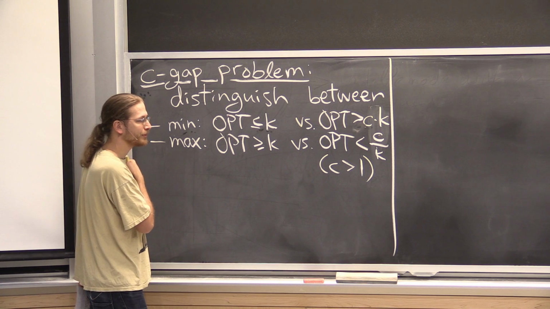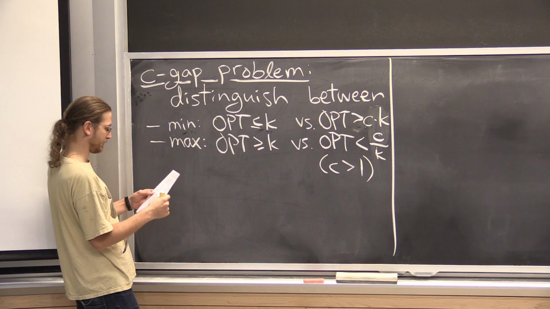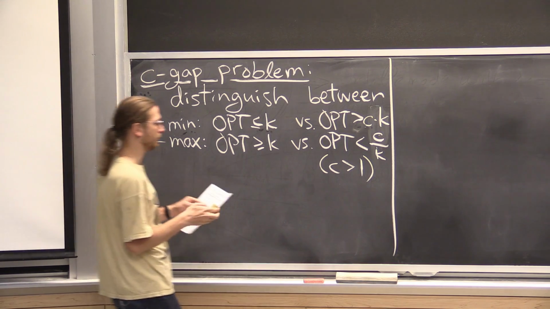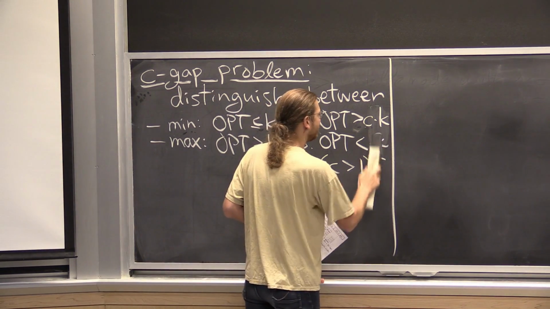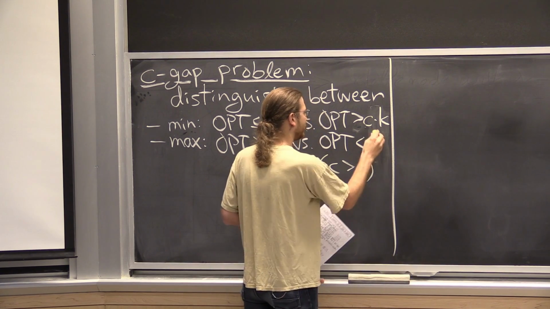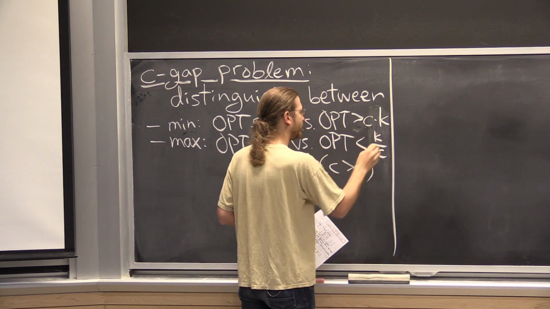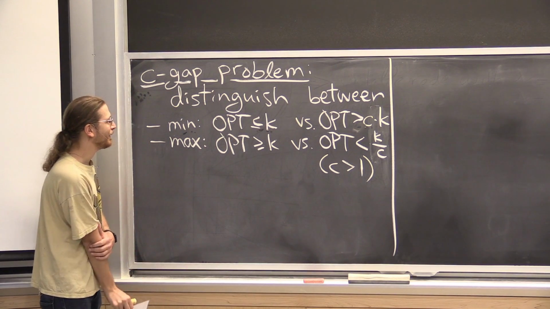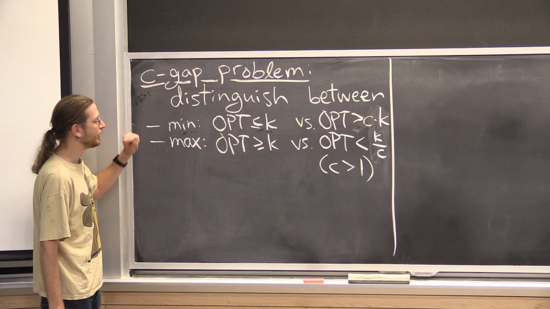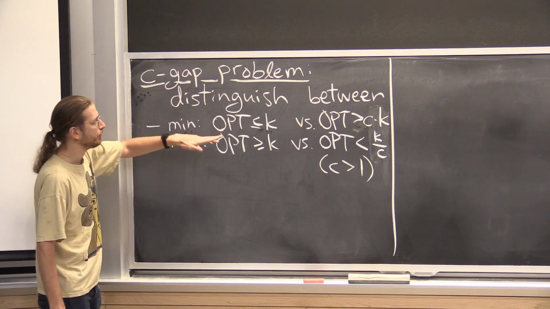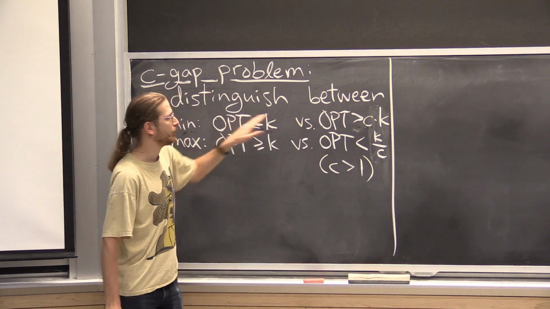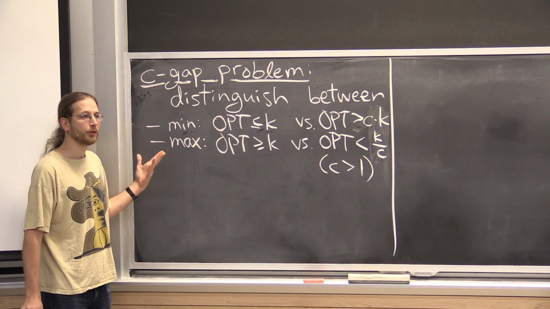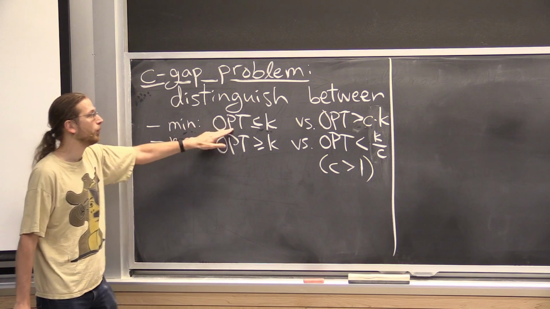The second one, should it really be c over k? Sorry, no. Thank you. c and k sound the same, so it's always easy to mix them up. Cool. So the idea is that in both cases, there's a ratio gap here of c. And the idea is that you're promised that your input falls into one of these two categories.